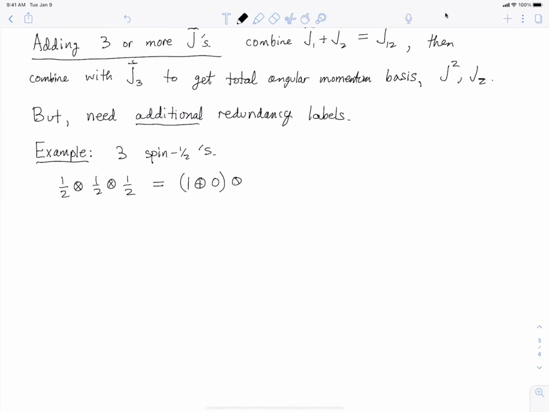And then I'm going to take the tensor product of that with the remaining third spin. And we can do this with a distributive property. First, we have 1 tensor product 1/2, which is going to give 3/2 plus 1/2. And then I have spin 0, or angular momentum 0, with 1/2, which gives another 1/2.